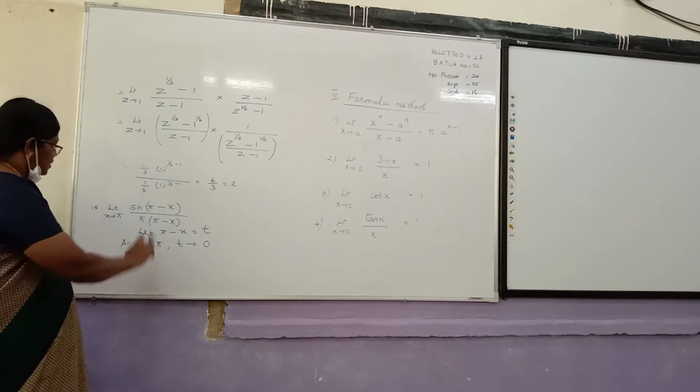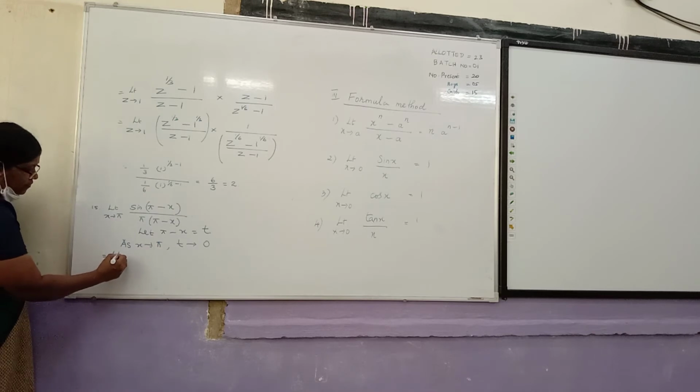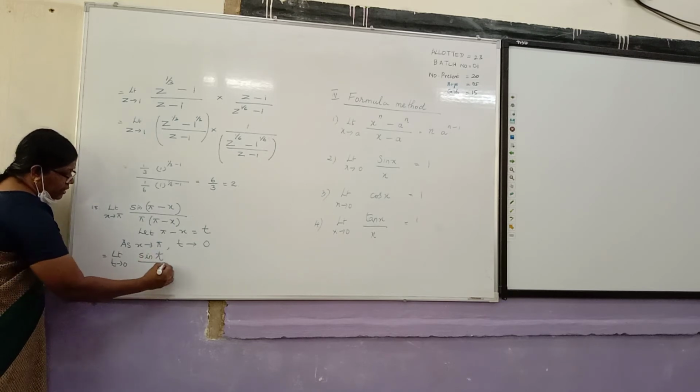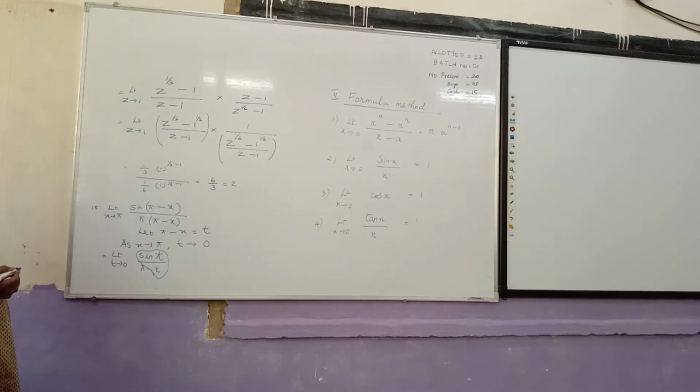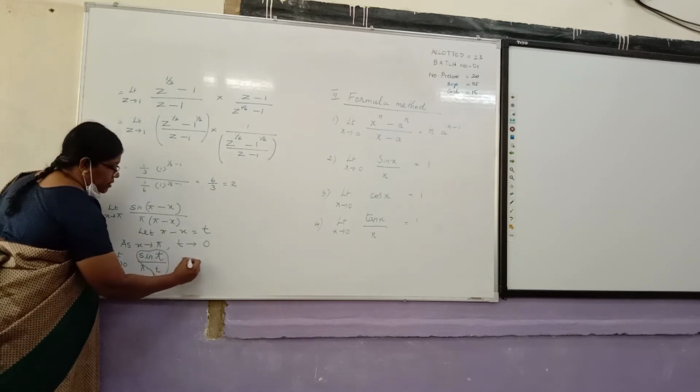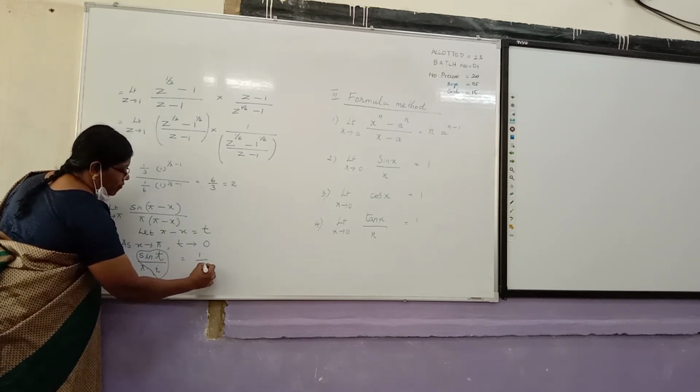So this becomes limit t tends to 0, sin t by pi into t. Now you are getting sin t by t with the limit t tends to 0. Answer is 1 by pi.